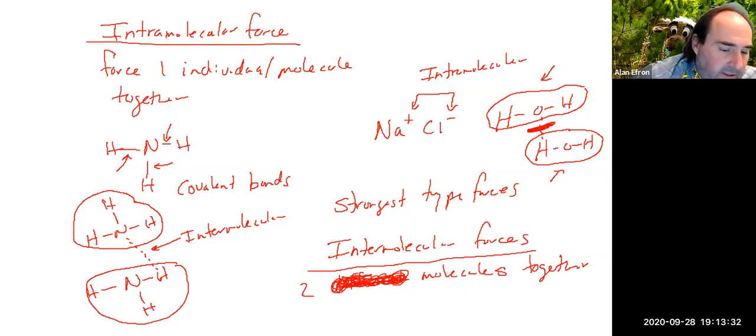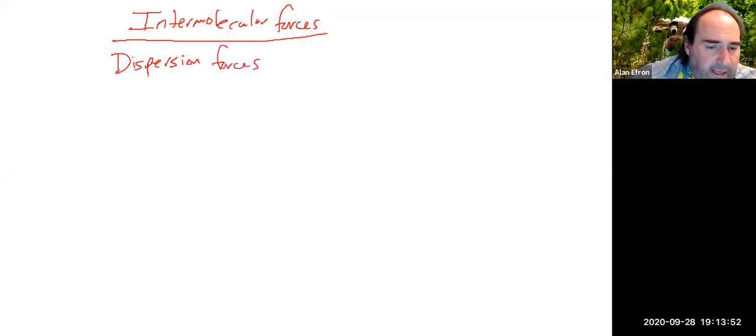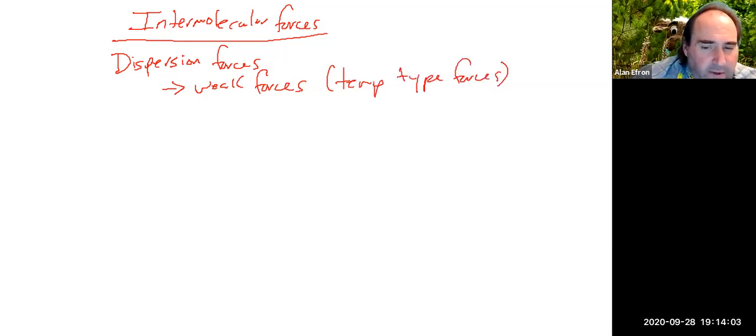So when we talk about intermolecular force, there are really three different types. There is what is referred to as dispersion forces. Dispersion forces are weak, really temporary forces that hold nonpolar molecules together with another nonpolar molecule.